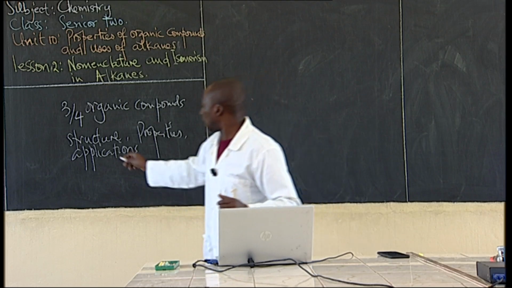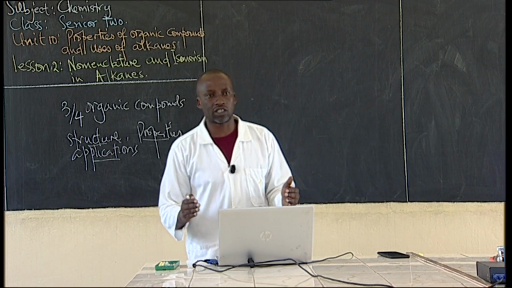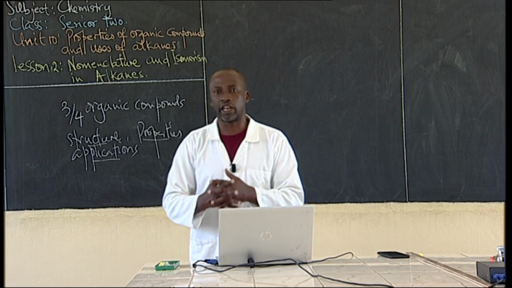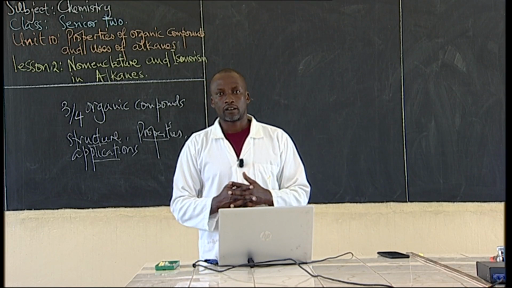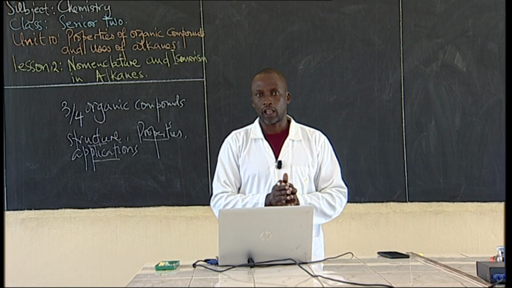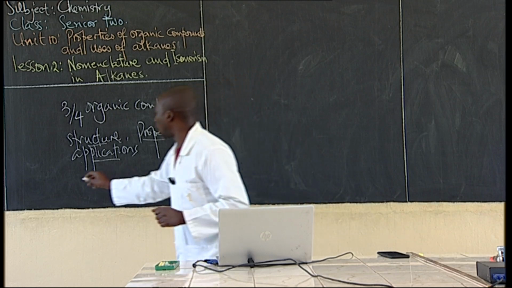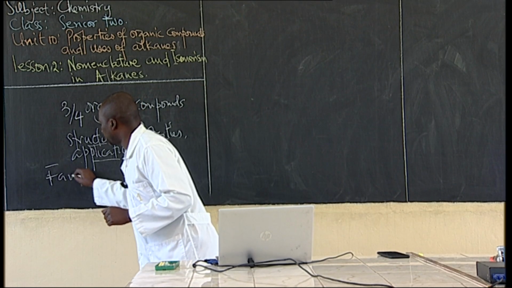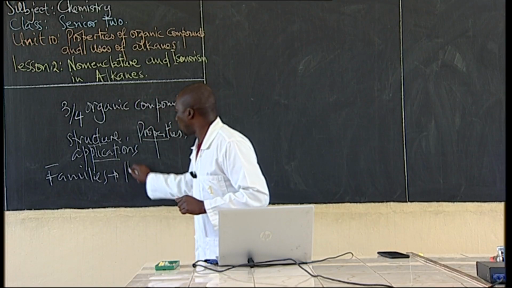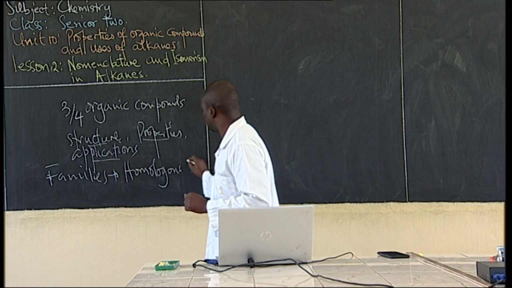So to look at the structure, properties and applications of these compounds, and basing on the fact that these compounds are very many, the scientists had to group them together. And they are grouped in families. The families of these compounds are called homologous series.